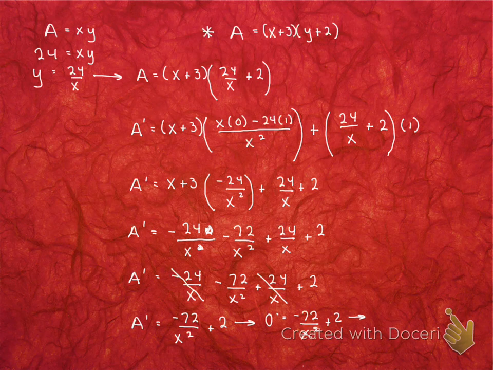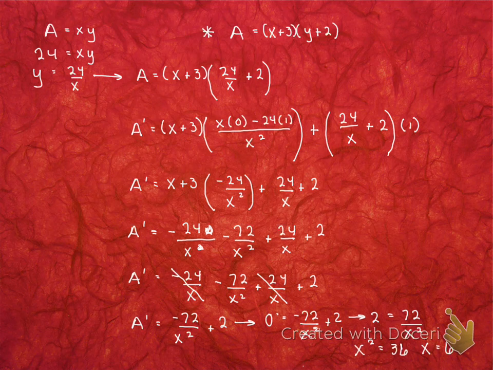If we move over the 2 and make it negative, both sides are negative, so both sides are positive. We'll solve that for x squared. 72 divided by 2 is 36. So x equals 6. Okay?